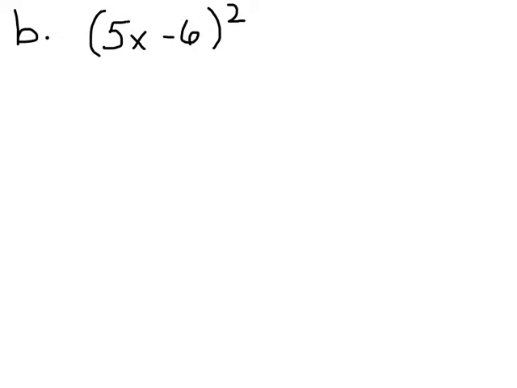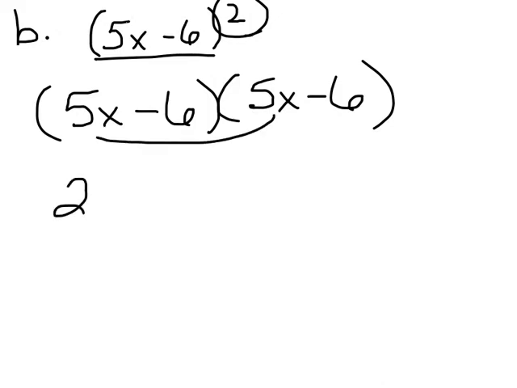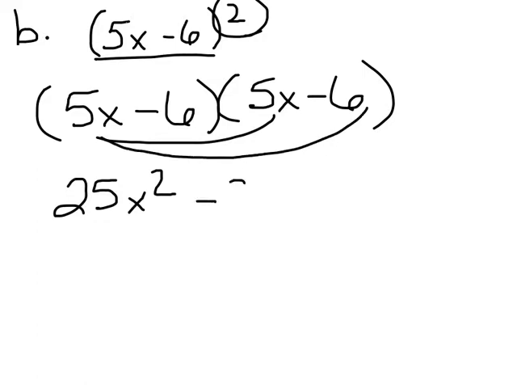Alright, now what this means is we're going to square this term. So we're going to write it 5x minus 6 times 5x minus 6. Then we can do FOIL. So 5x times 5x is 25x squared. 5x times negative 6 is negative 30x.